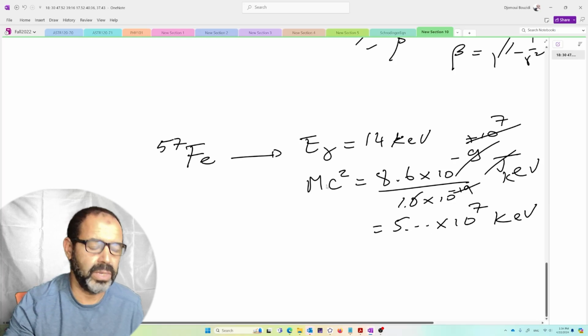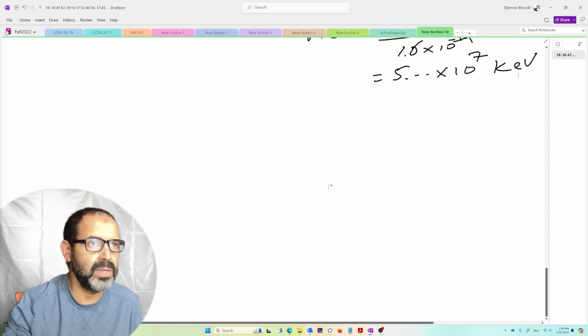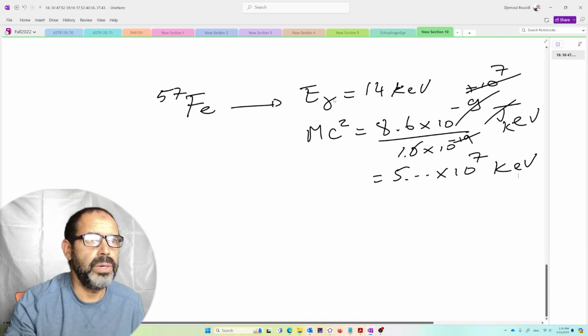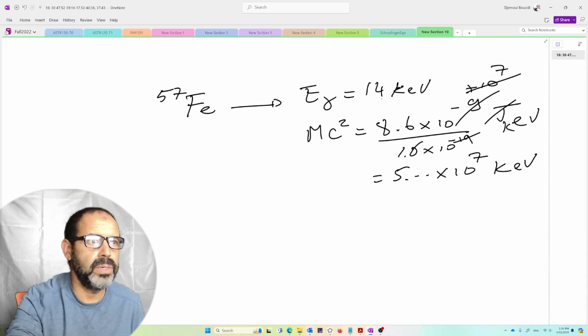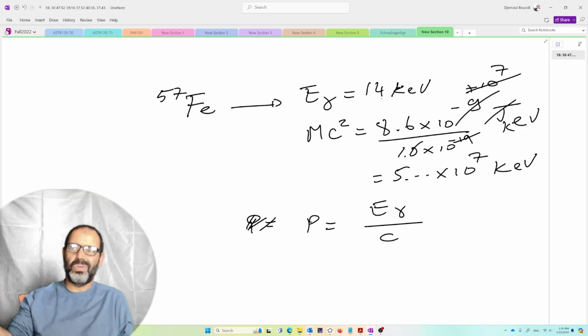This is the mass of the iron 57. What they want to know is actually its kinetic energy, the recoil motion of it. Obviously, I need the momentum of these particles. Since the photon has this much energy, its momentum is given by basically P is equal to the energy of the photon divided by C, because again the photon has no mass.